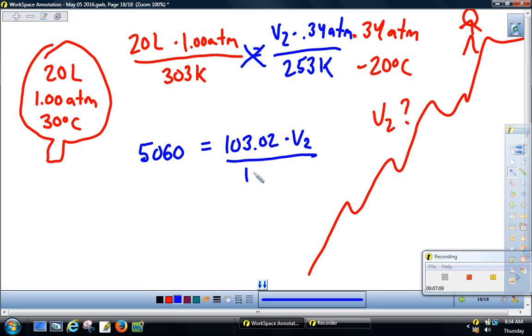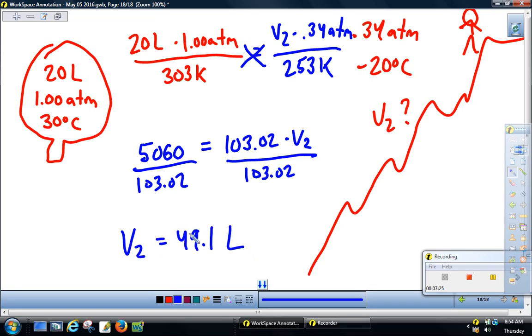To get V2 by itself, divide both sides by 103.02. So 5,060 divided by our answer from the previous step, we're looking at V2 equal to 49.1 liters. So pressure won out. The pressure change was a greater magnitude than the temperature change, so the balloon got bigger, much bigger, about 2.5 times bigger.